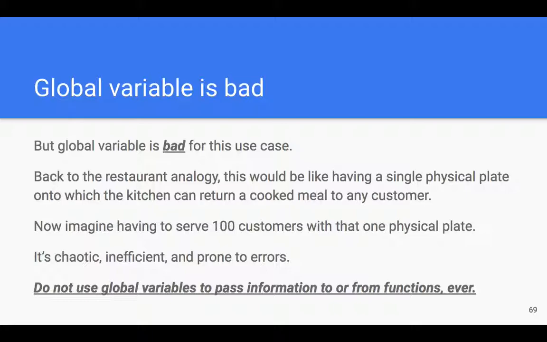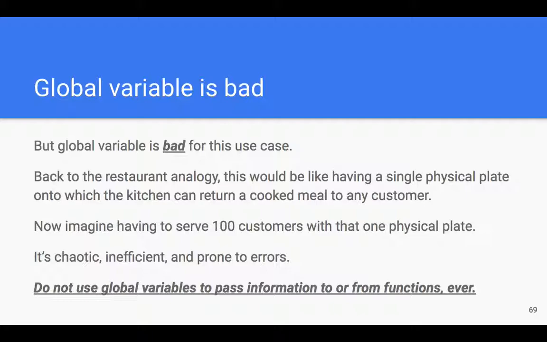The reason for that, if we want to use our restaurant analogy again, is that this would be like having a single physical plate for the entire restaurant, so that when the kitchen wants to serve a cooked meal to a customer, the kitchen has to put the meal into this single physical plate and serve that to a customer. So now imagine you have to serve 100 customers with this one physical plate.